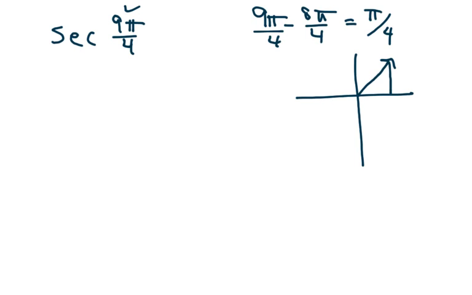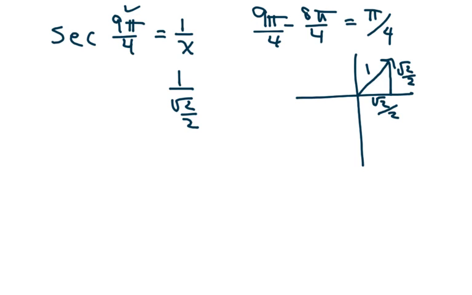I'll draw the line down. In quadrant 1, both my x and y are positive. And secant, with r being 1, is going to be 1 over x. So this is going to be 1 over root 2 over 2.